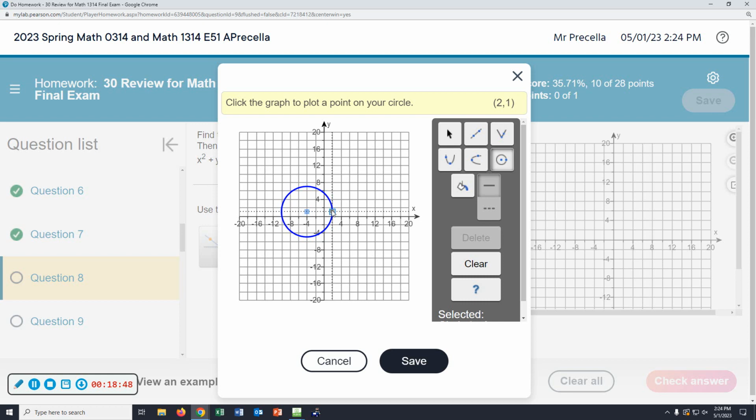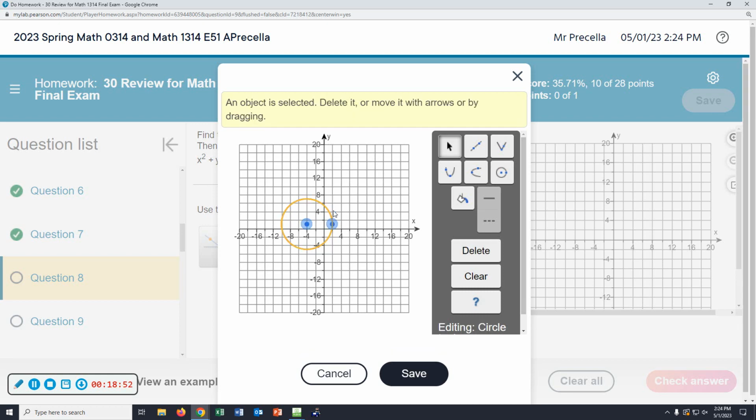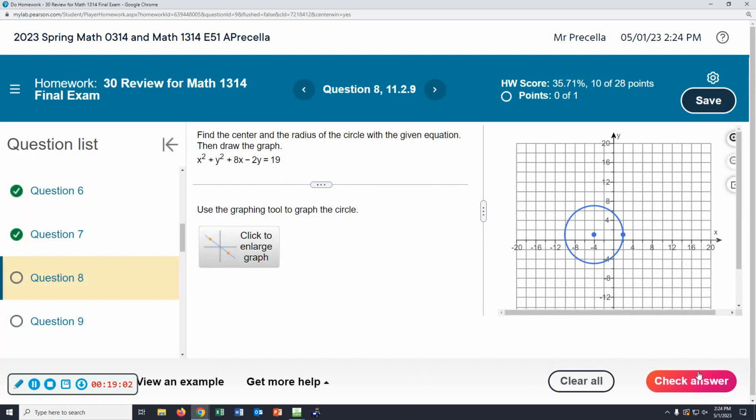No, negative 4 plus 6 should be 2, 1. Okay. The center is negative 4, 1. Moved over 6. 2, 4, 6. So that other point is 2, 1.